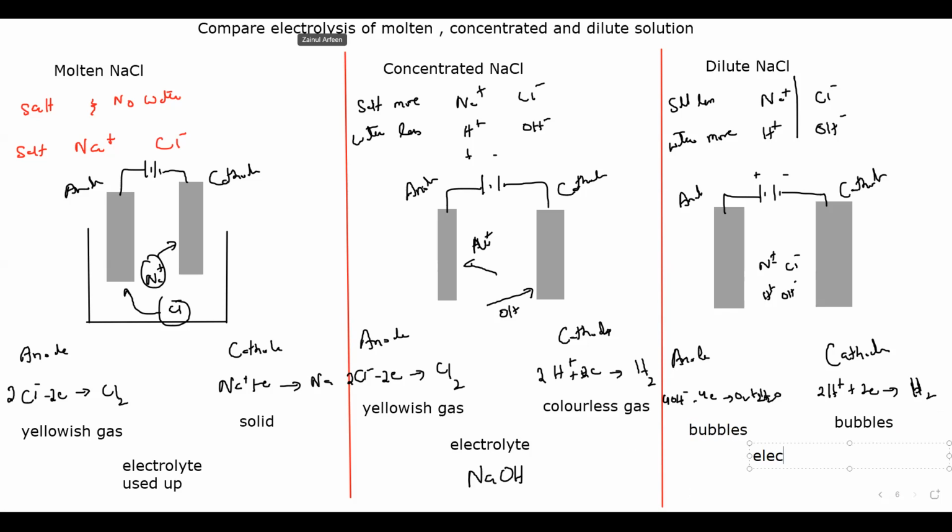What happened to electrolyte? As OH is being removed and H is being removed, you're left with more NaCl, or you can say it is concentrated NaCl. Is the comparison between the molten, the concentrated, and dilute solutions, their electrolysis, clear? Any question or doubt?